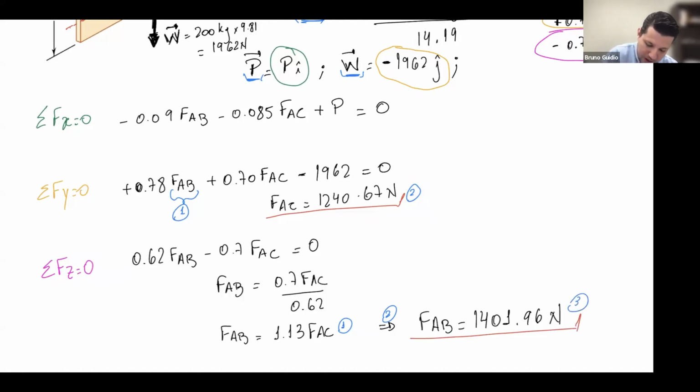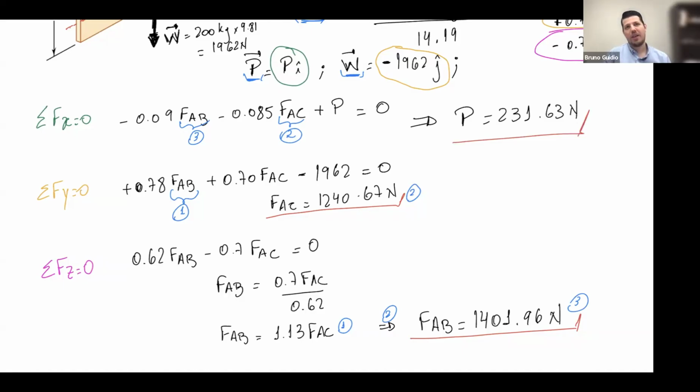Number 3, I will come here and substitute number 2, and we're going to find P is 231.63 newtons. That's P.